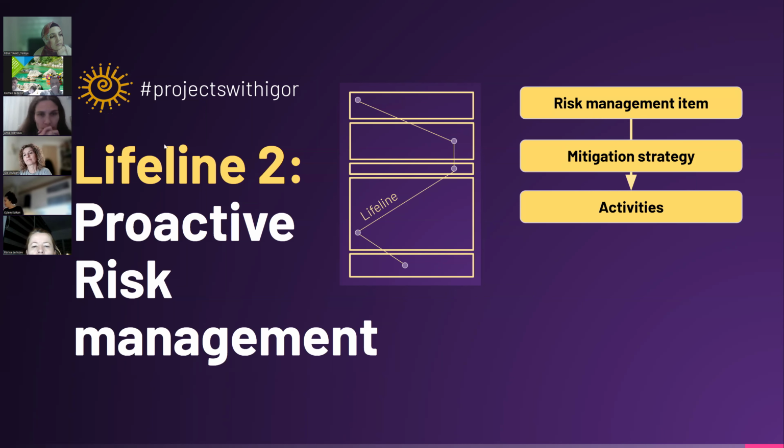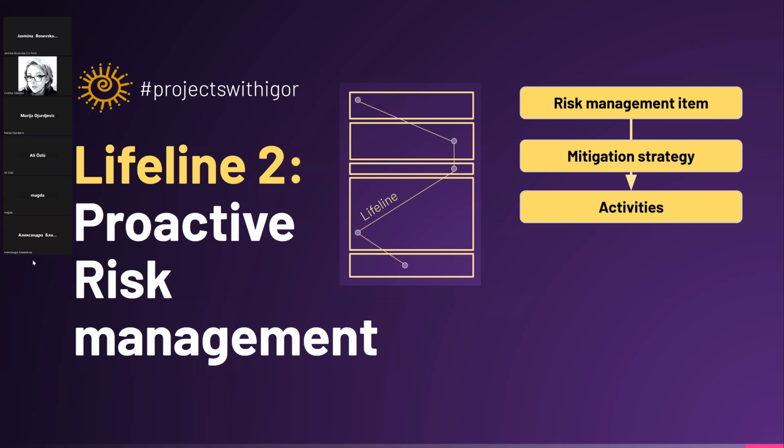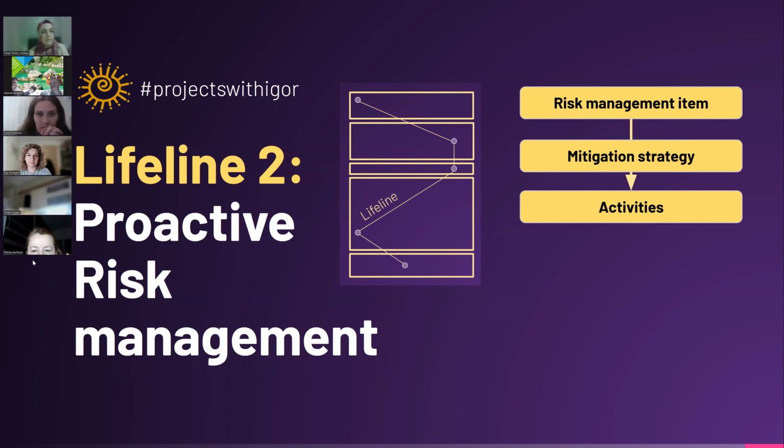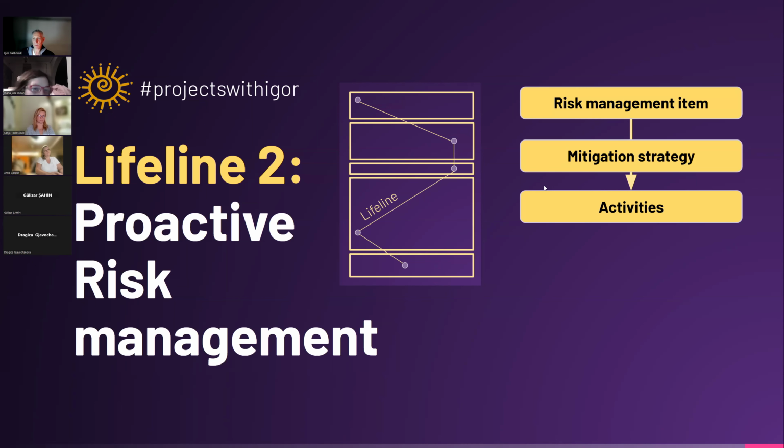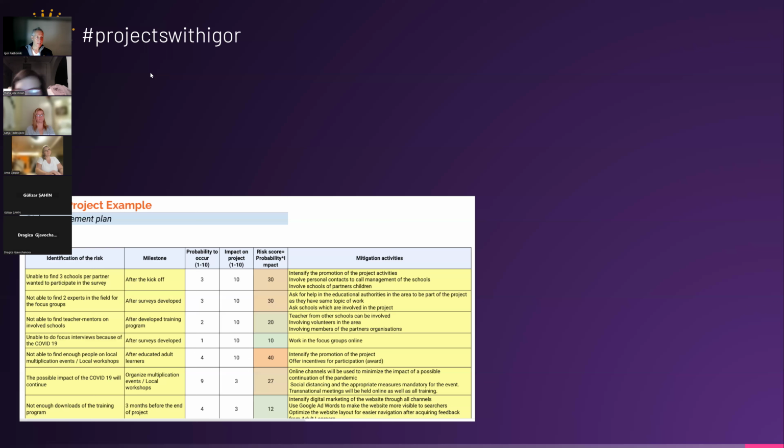And another structure which is normally not used. Before, we just set the paper and that's it. And how this is done, this is one example of a risk management plan.